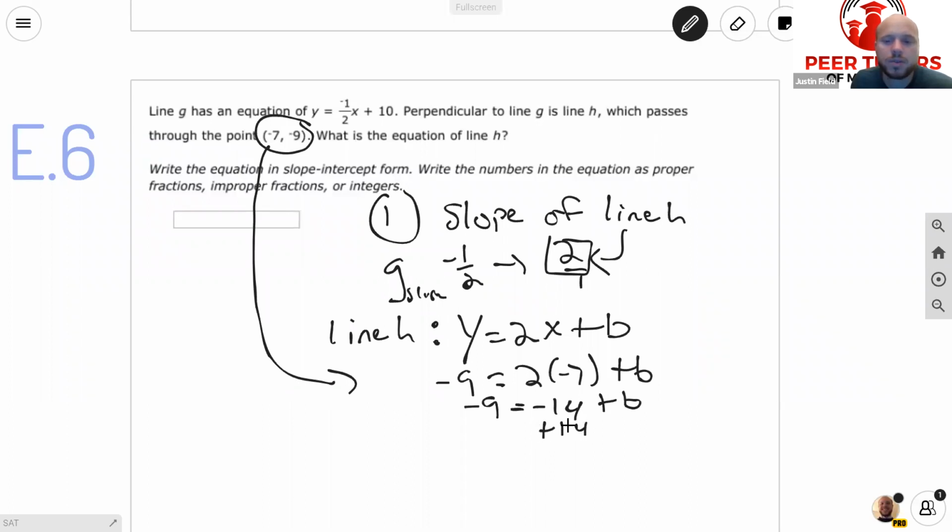Add 14 to both sides. Oh, I think that's 5. Okay, so b is 5, and I know my slope is 2. So the equation of this line is going to be y equals 2x plus 5.